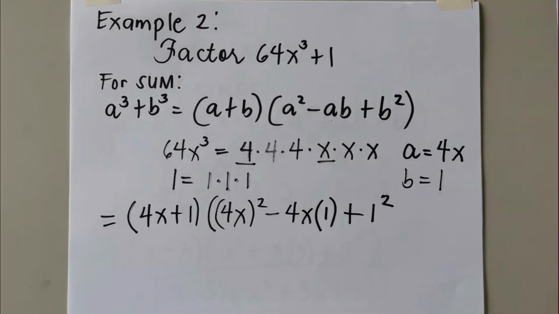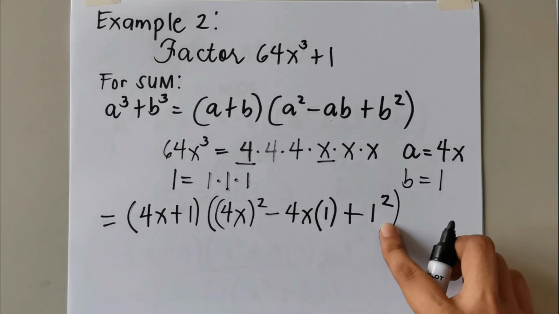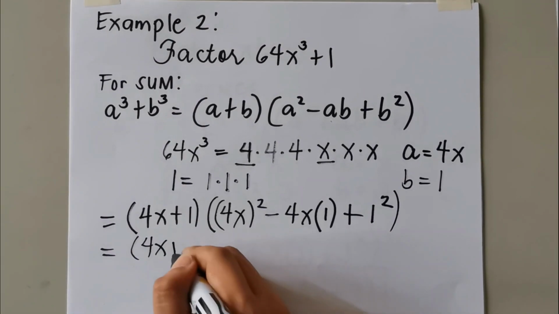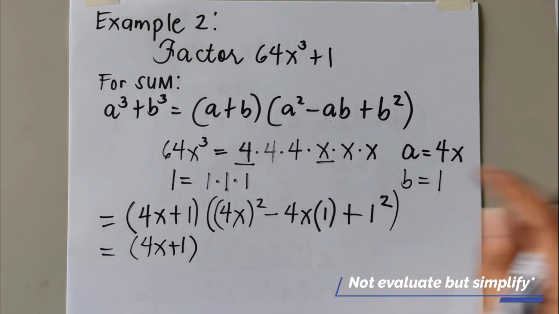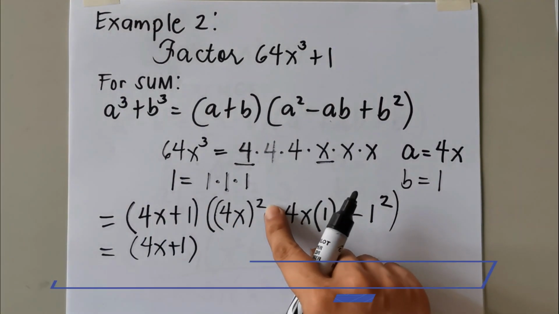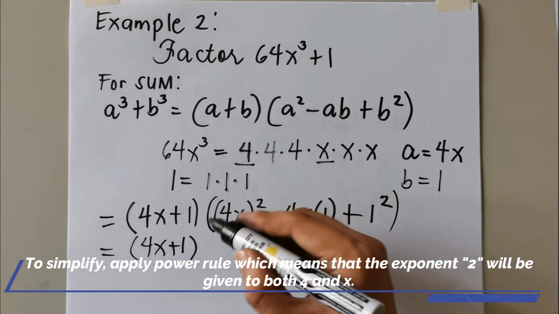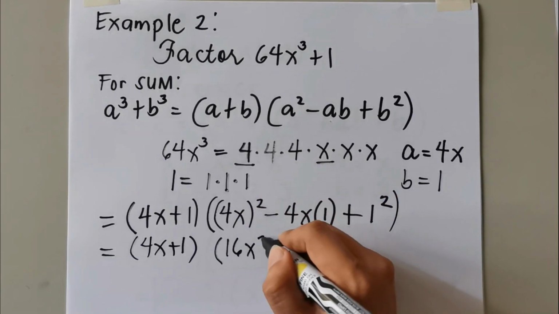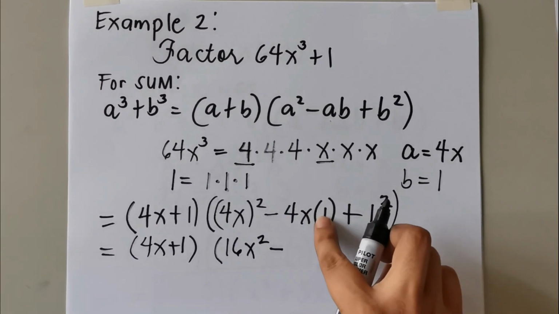So 1 squared. Now, evaluate this part or simplify. So, copy 4x plus 1. And then evaluate this part. So, distribute the exponent to 4 as well. So, that will be 4 squared, meaning 16, and then x squared, minus, evaluate this part or simplify.